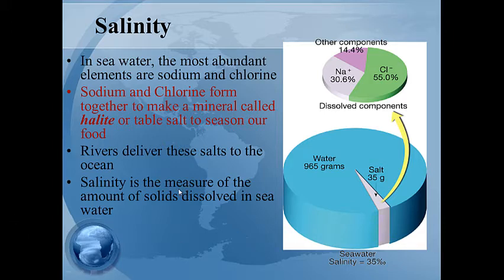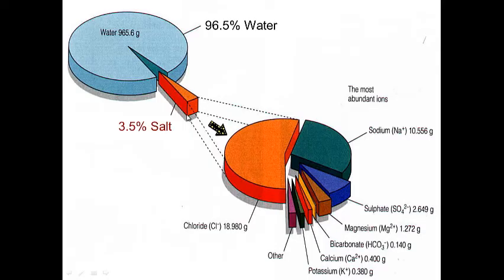So salinity is the measure of the amount of solids dissolved in seawater. So look at water here. If we had 1,000 grams of seawater, 965.6 grams of it would just be pure water, and 3.5% would be salt. Of that, most of it is chlorine and sodium chloride, or table salt.